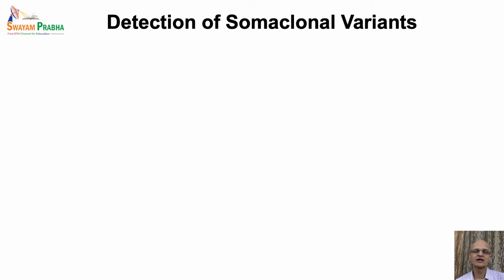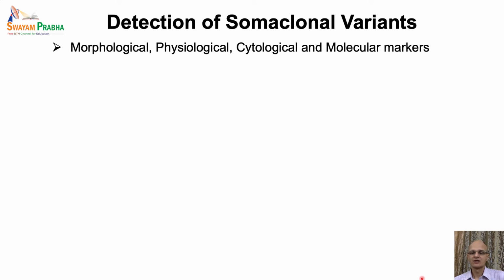Based upon the type of trait scored and the methods used to score these variations, these can be grouped into 4 categories. That is morphological traits, physiological traits, cytological methods, or finally the DNA or protein-based molecular markers.